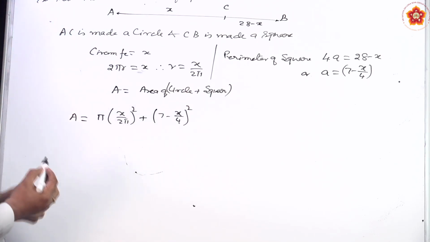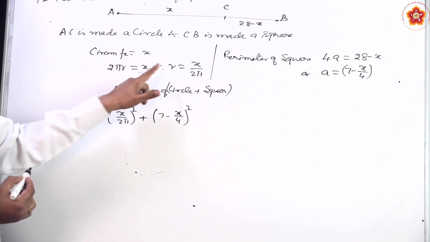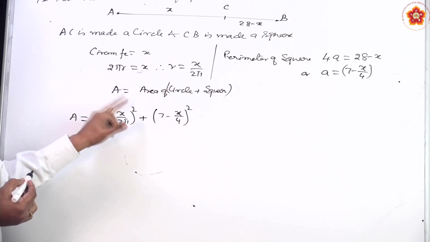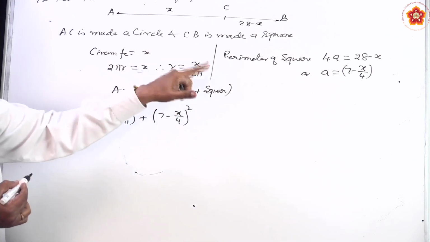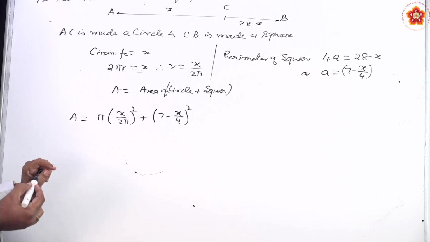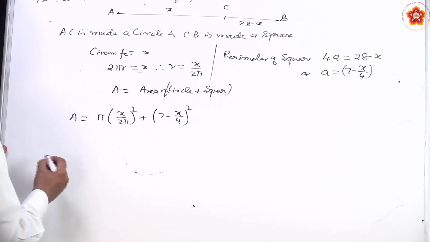This is our function. Area of circle is pi r square, where r is x by 2 pi, so pi times x by 2 pi whole square. Area of square is one side squared, 7 minus x by 4 whole square. Simplify it before you go for differentiation.